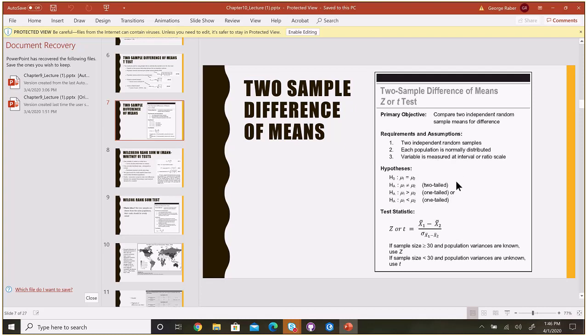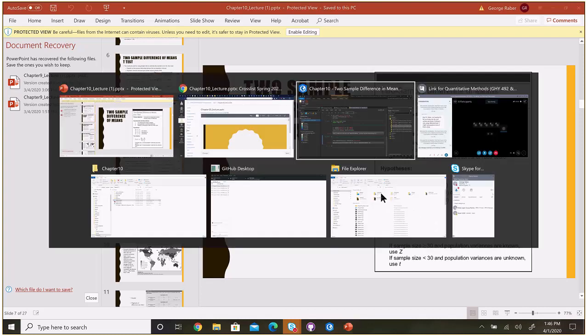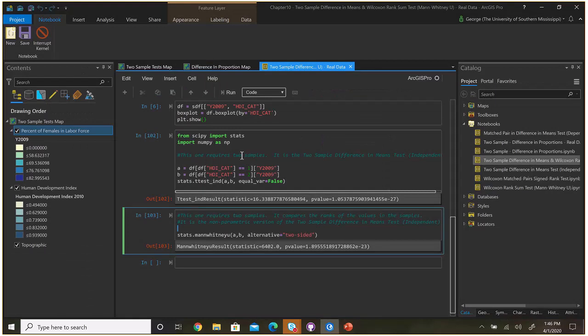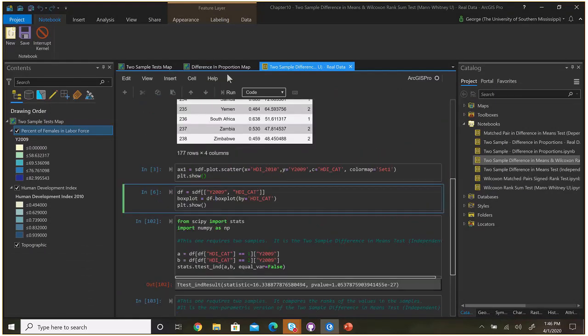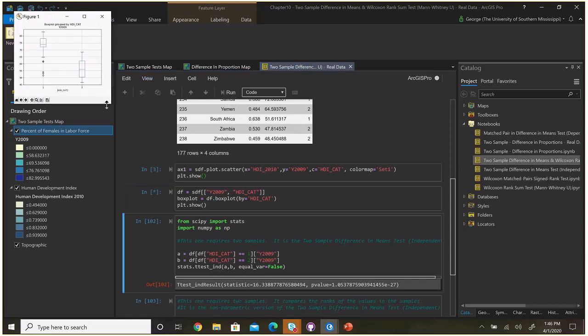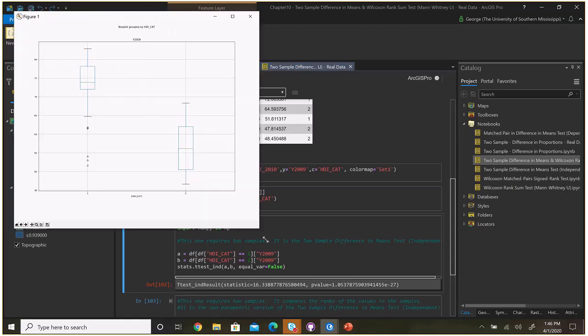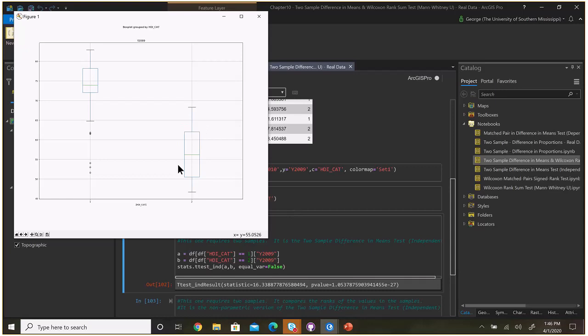Okay. Well, let's look back at our data here. If you remember when we showed the box plot, we can see that the lower development countries, that looks pretty normally distributed.